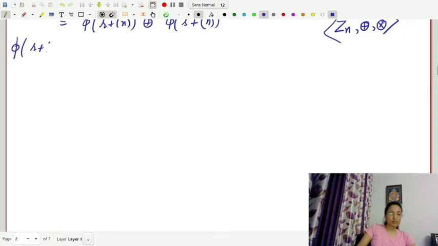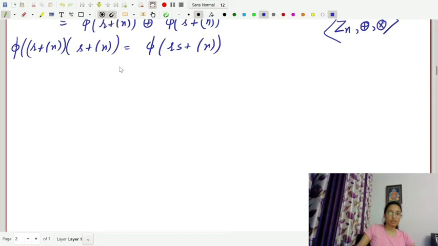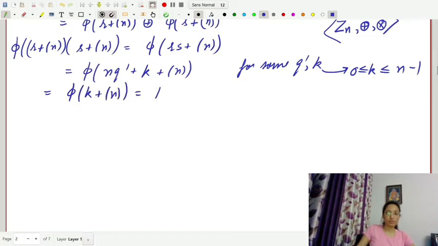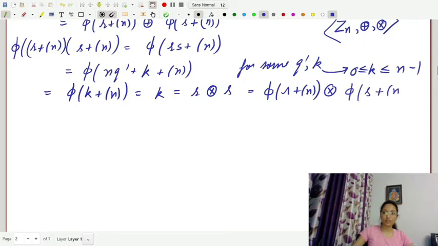Phi of (r plus <n>) into (s plus <n>) is equal to phi of rs plus the ideal generated by n, which in turn is equal to phi of nq' plus k plus <n>, for some q' and k where k belongs to 0 to n minus 1, which is equal to phi of k plus <n>, which is equal to k, which in turn is equal to r multiplication modulo s, which is equal to phi of r plus <n> into phi of s plus <n>.